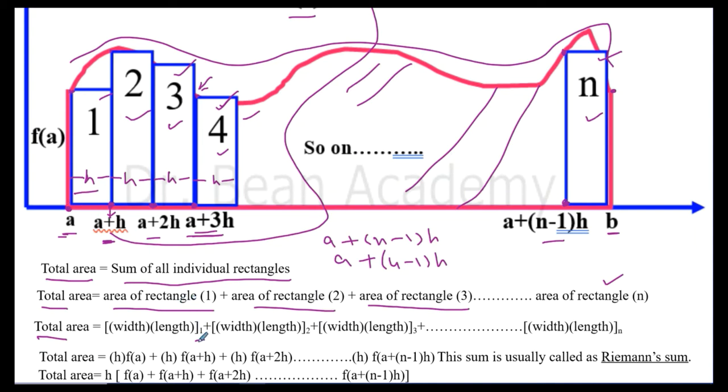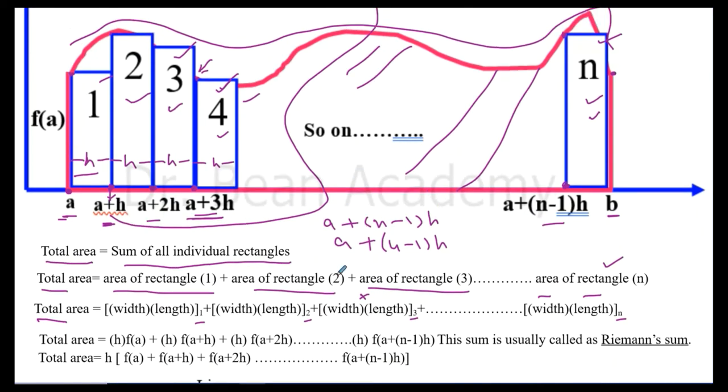Of course, this is the area of the rectangle, plus the width and length of rectangle 2, plus the width multiplied by the length of rectangle 3. Similarly, I will keep going, and for the last one, I need to find the width of the last rectangle and the length of the nth rectangle, or the last rectangle in this case. Now I will put the values here.